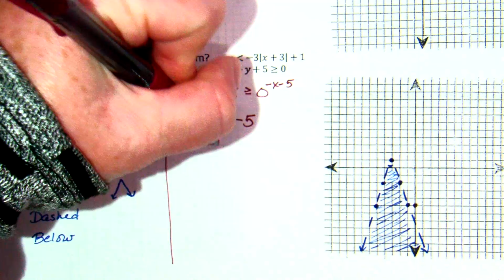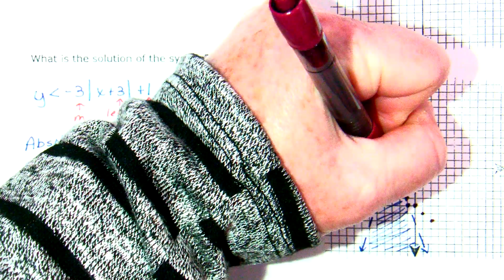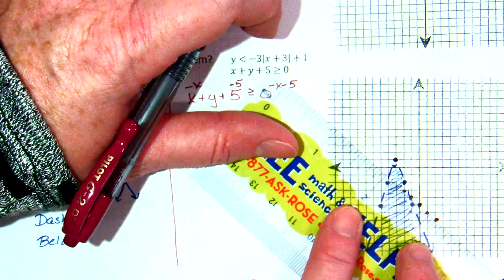Because that's helpful, because you can kind of catch your own mistakes, can't you? So I can go down 1, right 1, down 1, right 1, or up 1, left 1, up 1, left 1. What kind of line am I drawing? Of course, straight line, but a solid line.